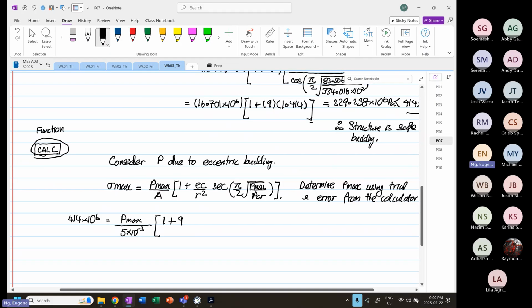And then we divide by cosine of pi over 2 times the square root of P max over PCR, which is 334.016 times 10 to the power 3. Okay, so we have that expression over there.